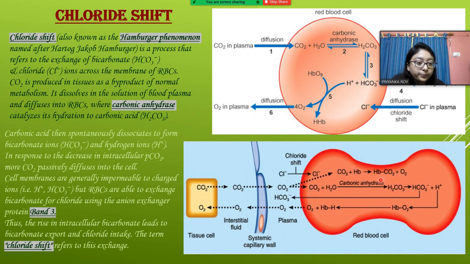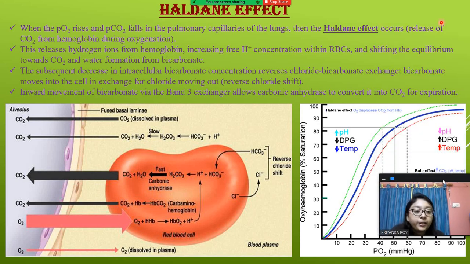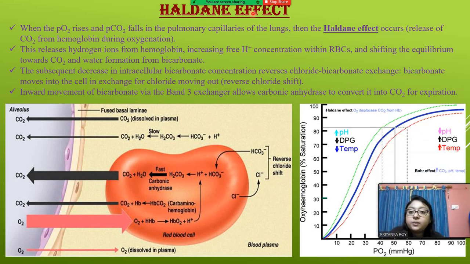So this is shown here. Now the Haldane effect. The Haldane effect is basically the reverse of the chloride shift, and that is when PO2 rises and PCO2 falls, that is, in the pulmonary capillaries of the lungs.